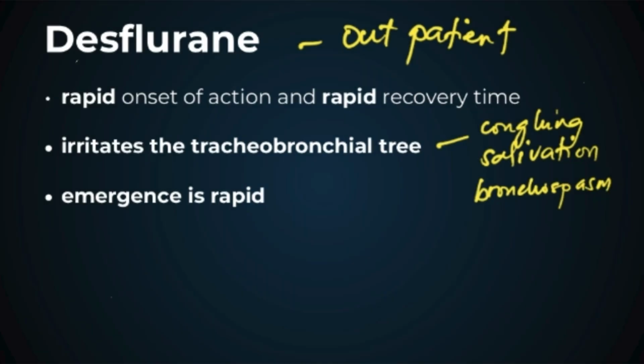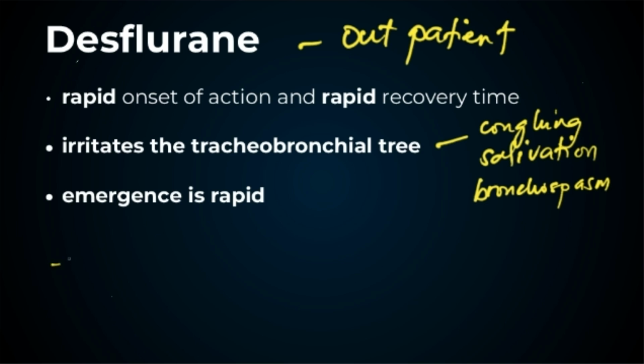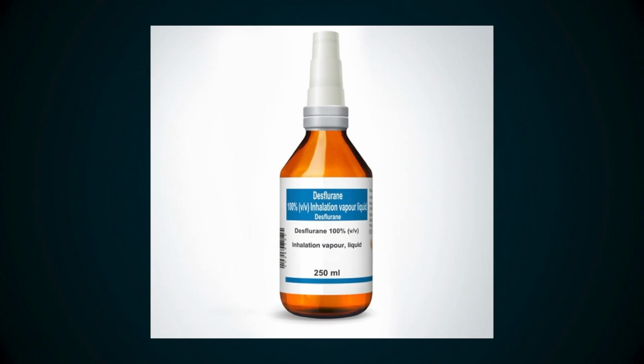Also, its emergence is rapid, so that's why it's used for outpatient surgery, because of the rapid emergence after the surgical operation. It also produces hypotension primarily by decreasing systemic vascular resistance, just like the previous agents. This is your desflurane. Just like the previous drugs, it is also in liquid form and given to the patient through inhalation.